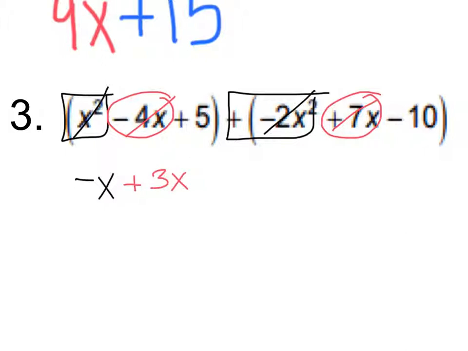And then our third term, which are just numbers, we can go ahead and put together. So I have a positive 5 and a negative 10, which will make negative 5. And I have to admit, back on my x, I forgot to put the squared there. So now that we've combined all of our like terms, this is our final answer.